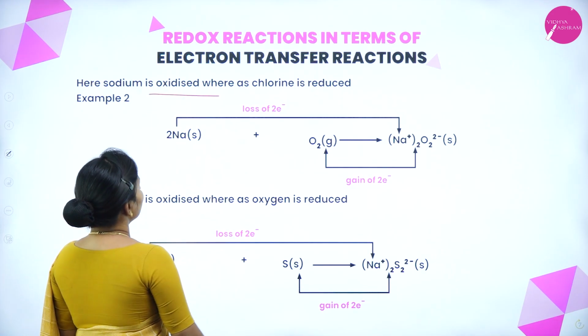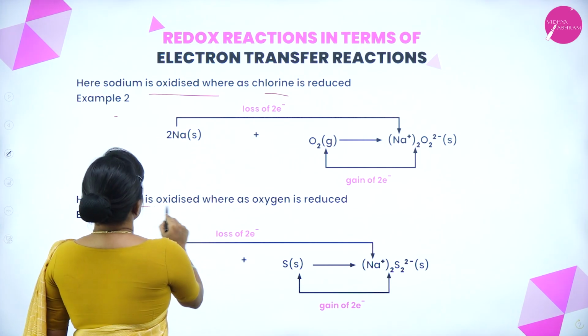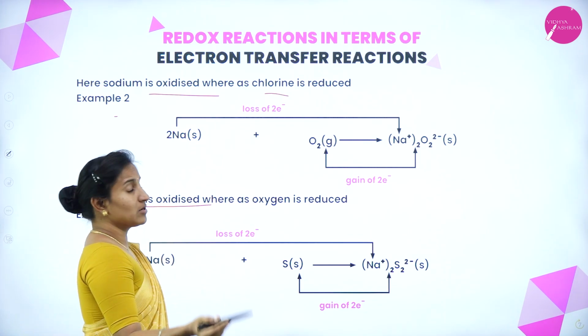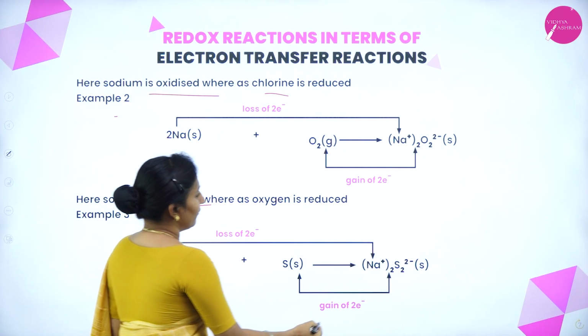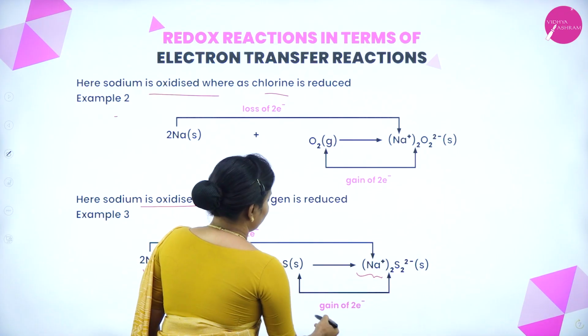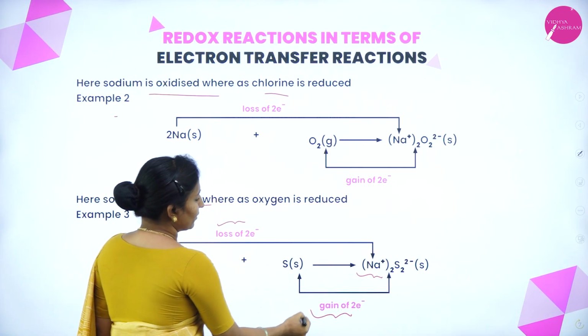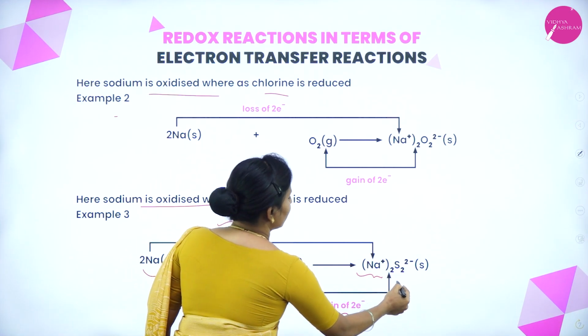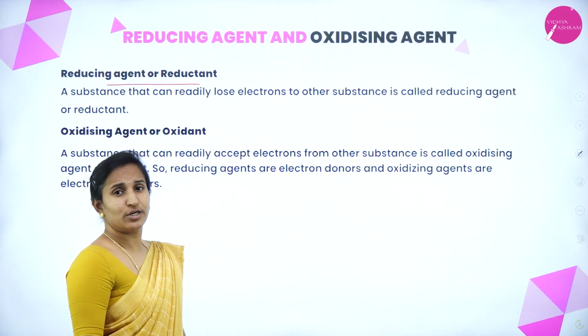Here sodium is oxidized and chlorine is reduced. Sodium is oxidized whereas oxygen is reduced, and loss of electrons from sodium we call oxidation, and gain of electrons by sulfur we call reduction.